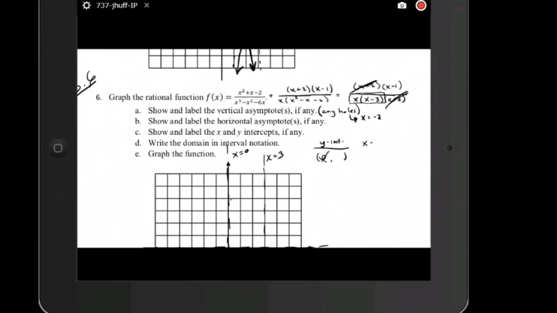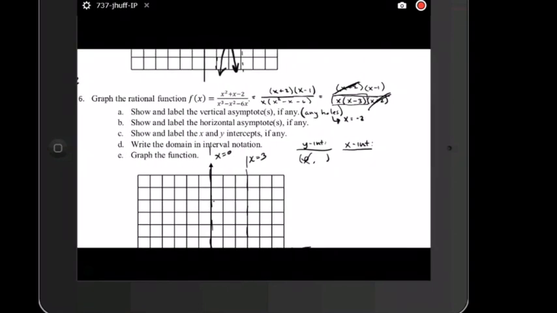The x-intercept we get by letting y equal 0, which means we solve this equation. The only time a fraction is going to equal 0 is if the numerator equals 0.